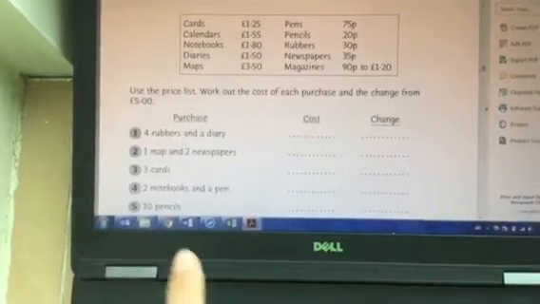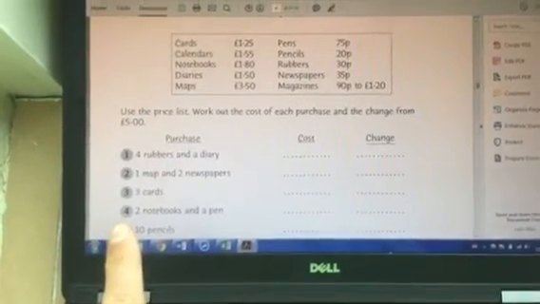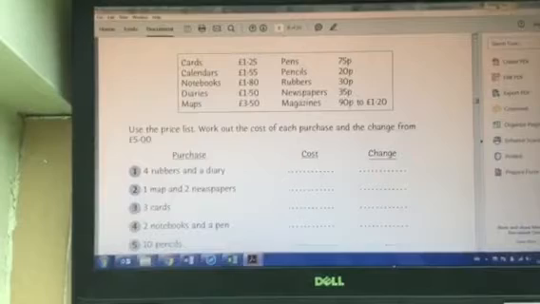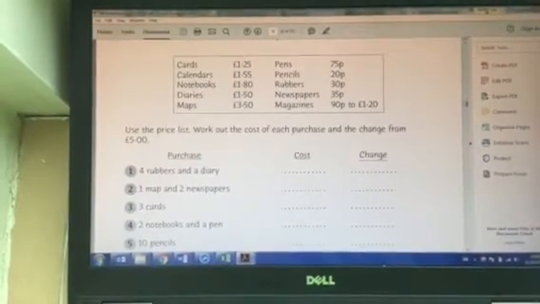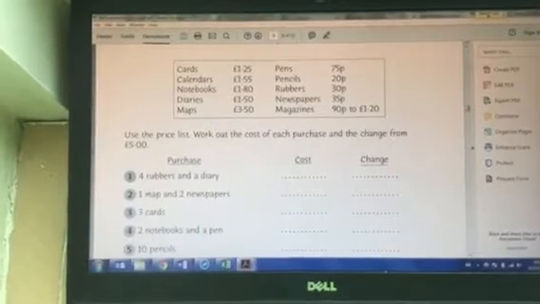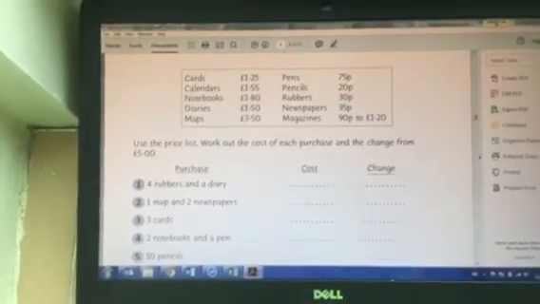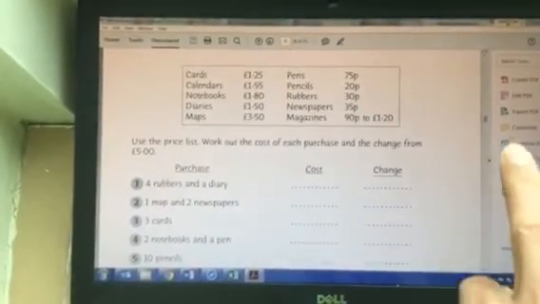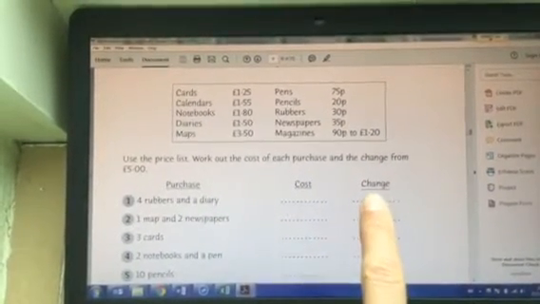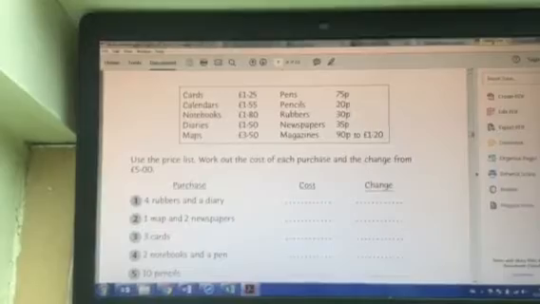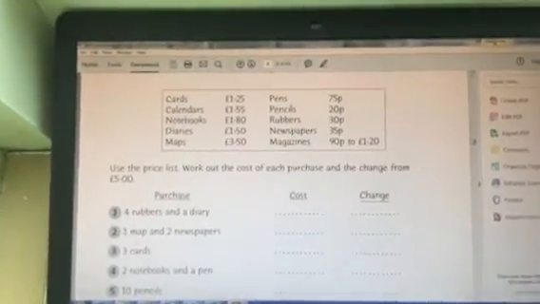Now, we're going to be looking at question number 4, okay, but there's lots and lots of different parts to solve before we get to this point of working out the cost, which is here, and the change. So let's go through it and let's try to understand it.